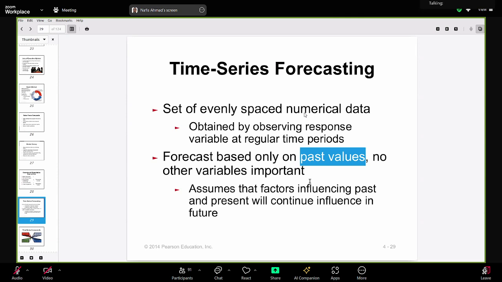It assumes that factors influencing the past and present will continue to influence the future. The factors which influenced the past will also influence the future. So it is the assumption.